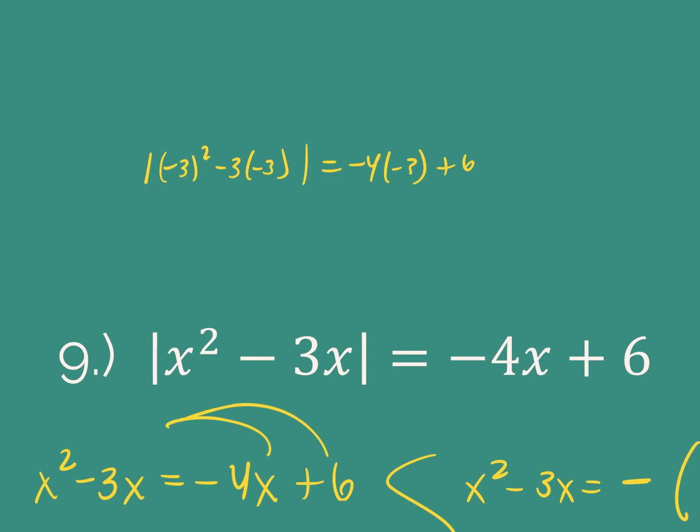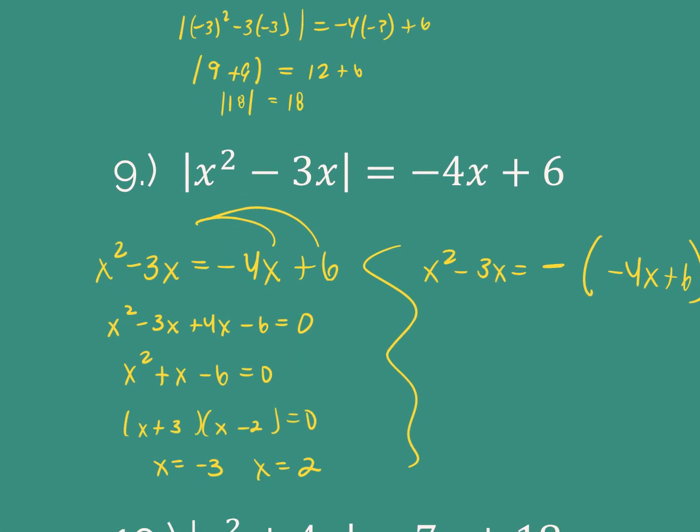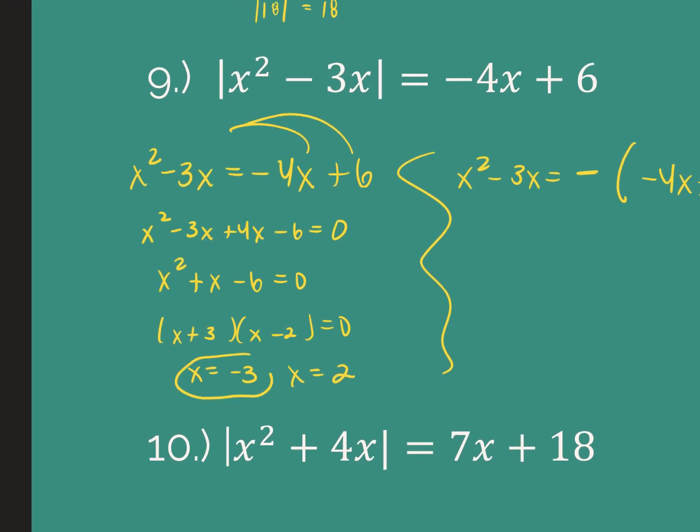Negative 3 squared is 9. Negative 3 times negative 3 is plus 9. And then over here, negative 4 times negative 3 is 12, and 12 plus 6 is 18. So I have the absolute value of 18 equals 18. True? Okay, so this works, correct?